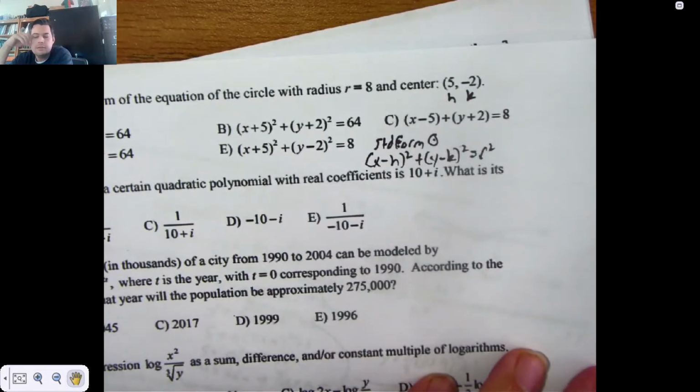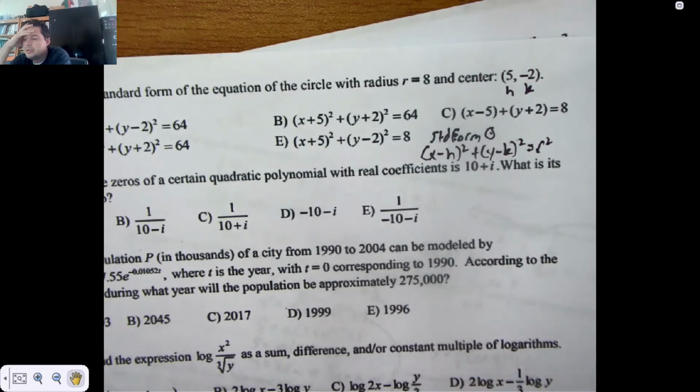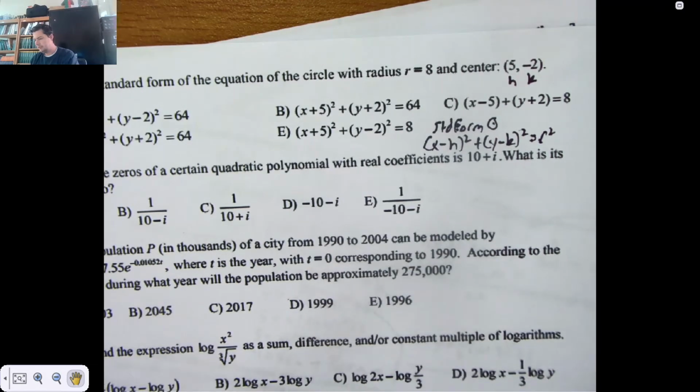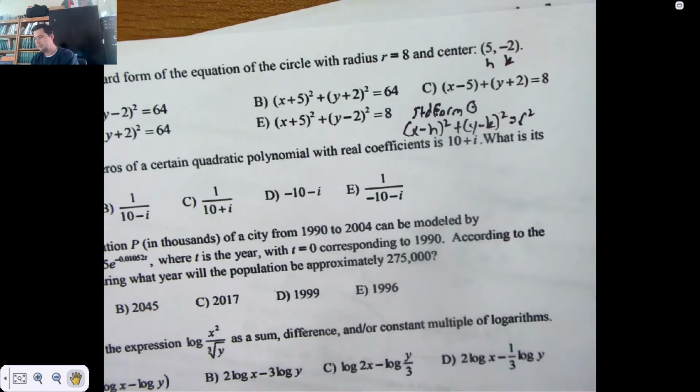It says one of the zeros of a certain quadratic polynomial with real coefficients is 10 plus i. What is its other zero? The hint I want to give you is actually something I've done already as I went through and did this twin. I just have to find it.